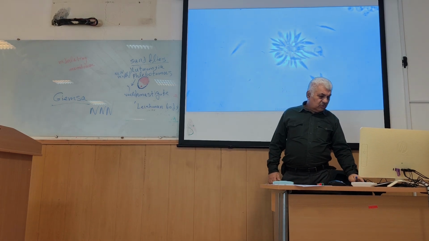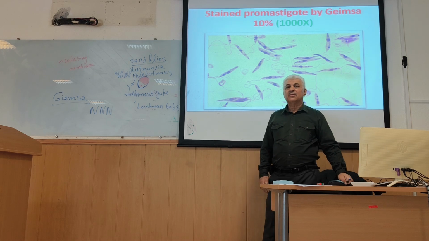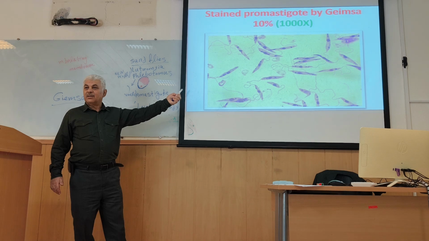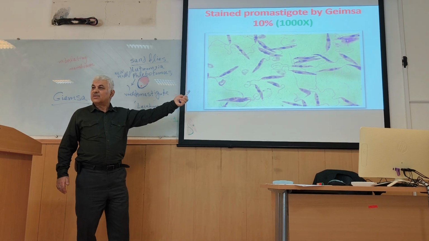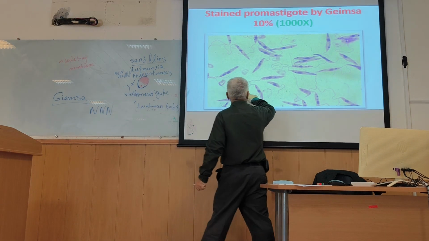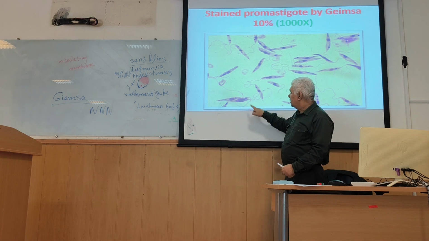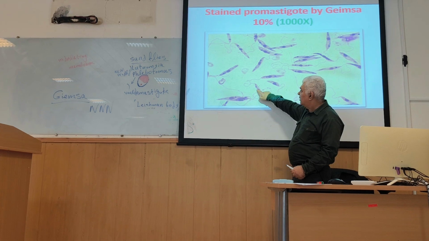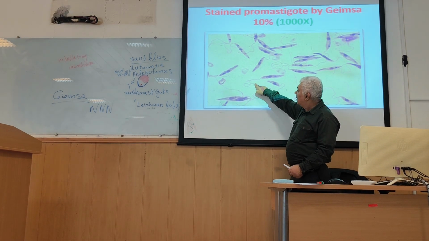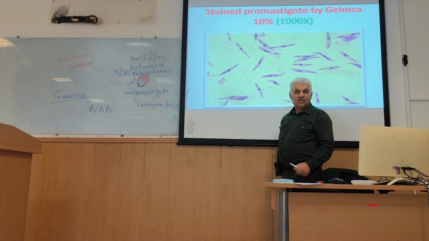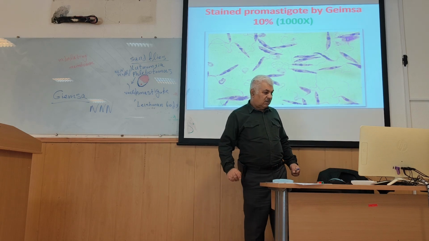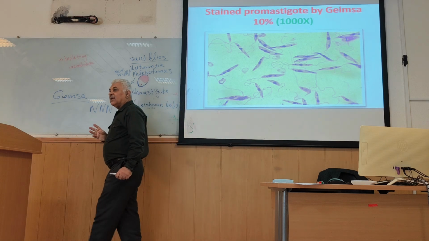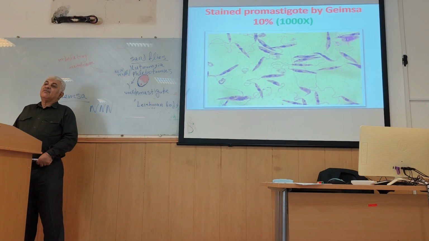And you can stain the promastigote form with Giemsa. As you see in this slide, this promastigote form is stained by Giemsa. As I mentioned in the last class, it has a spindle form, central nucleus, anterior kinetoplast, and free flagellum.